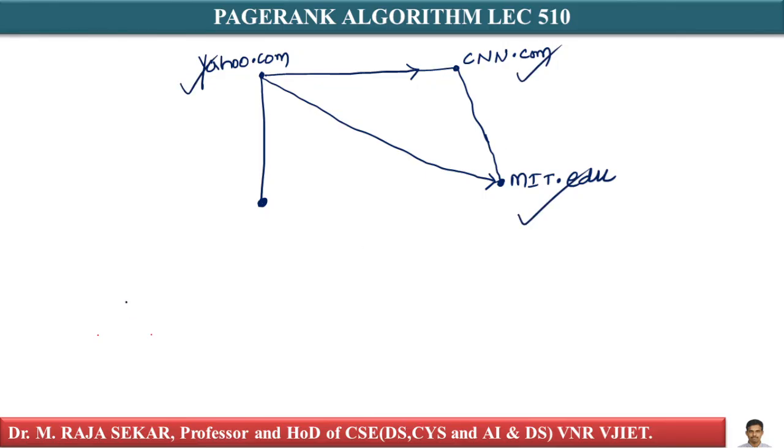You can think of each of these pages on the internet as a vertex of a graph, isn't it? Literally each of these pages is a vertex or a node.